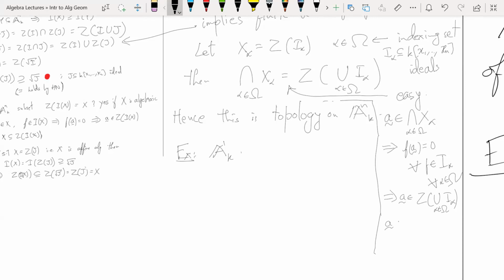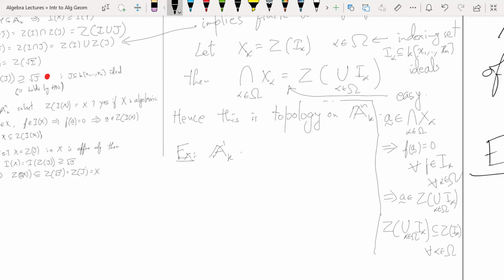For the other inclusion, of course, Z of the union of I alpha is contained in Z of I alpha for all alpha in omega, because the union is a bigger set than this one.